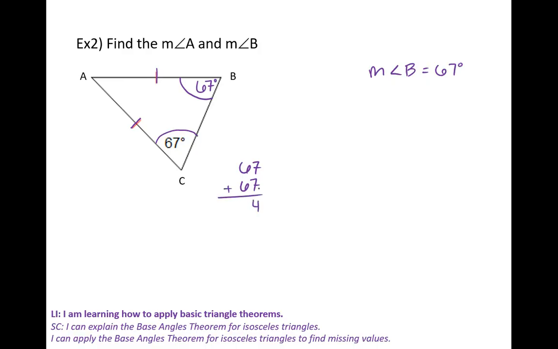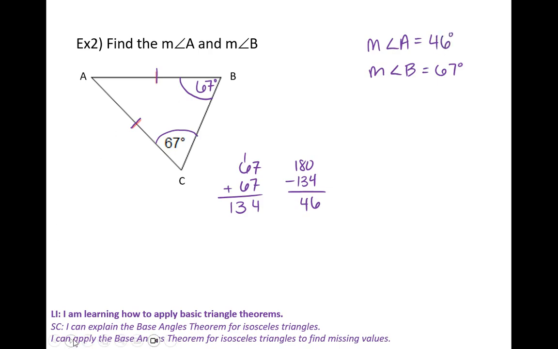And I get 134. Again, the triangle sum theorem says all the angles add up to 180. So I can take 180 and subtract the 134 degrees that I've already used up, and I have 46 left over. So my measure of angle A would be 46 degrees.